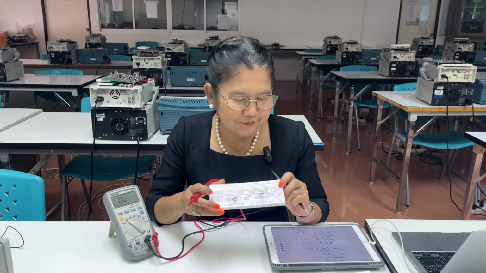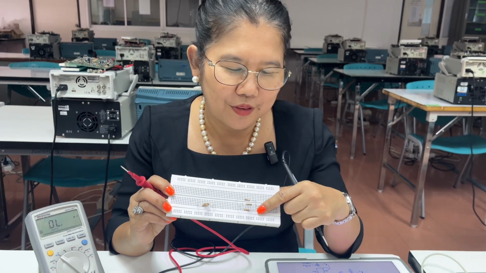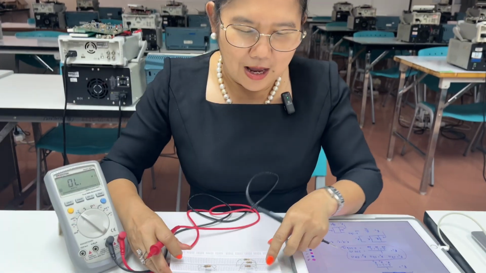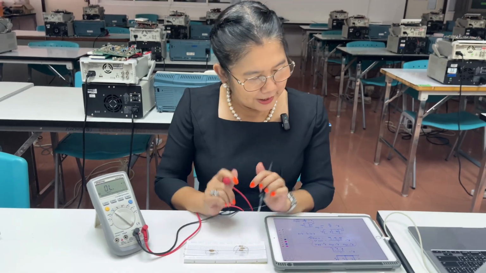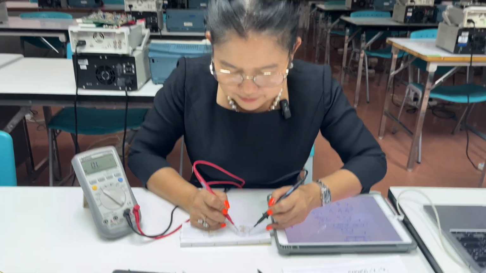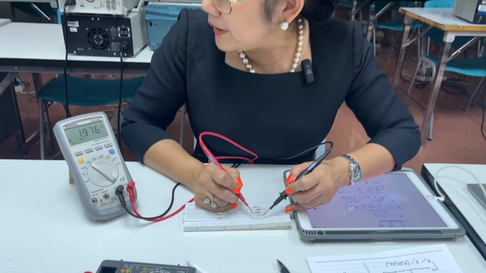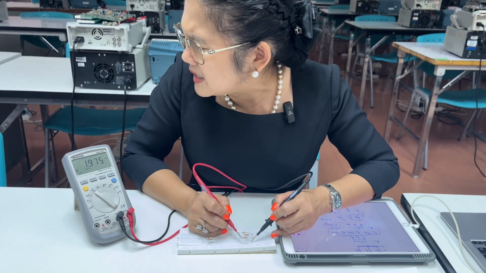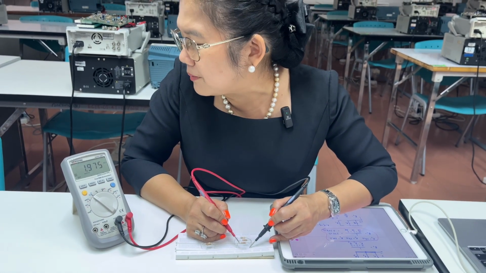Now, 3 resistors. Let's look at this one first. R1, R2, and R3. I assigned R1 equal to 2K ohms. So it reads about 1.9. You have to realize that there's a little letter right there, K ohms, on the top after the number.